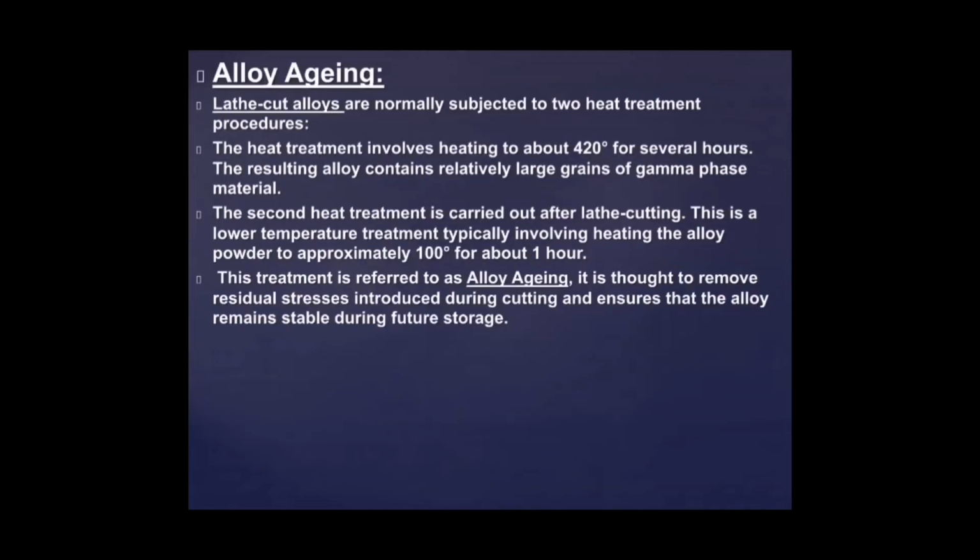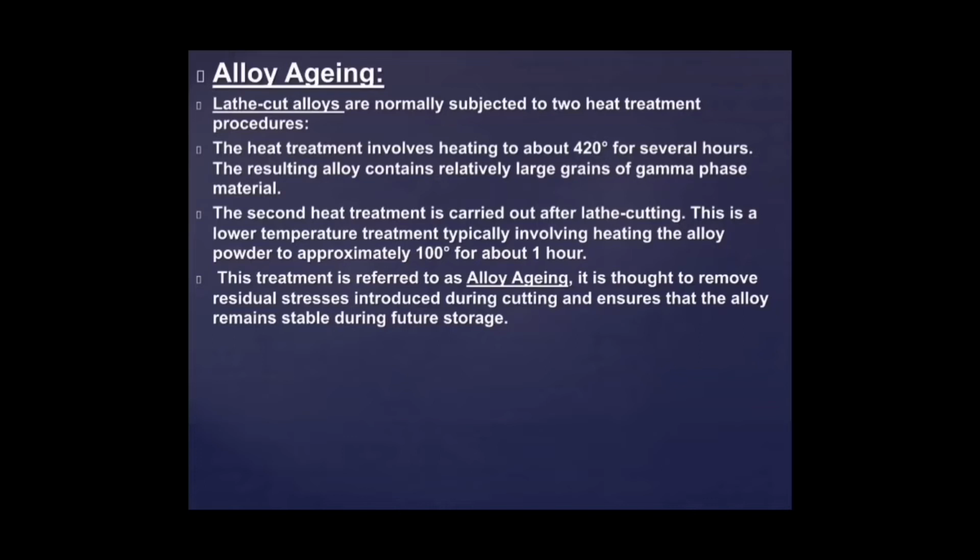Alloy etching. Lathe-cut alloys are normally subjected to two heat treatment procedures. The first heat treatment involves heating at above 420 centigrade for several hours. The resulting alloy contains relatively large grains of the gamma phase material. The second heat treatment is carried out after lathe cutting.